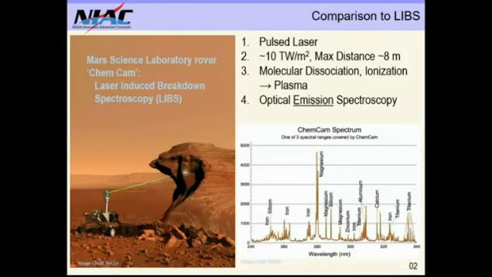You can look at that characteristic emission with a spectrometer on board the spacecraft, right? Standoff distances for the Mars rover are 7 to 8 meters or something at the most. But you could probably envision the same system at larger standoff distances with a better laser. But one of the keys here is that this is optical emission spectroscopy, slightly different than what we're proposing, right?